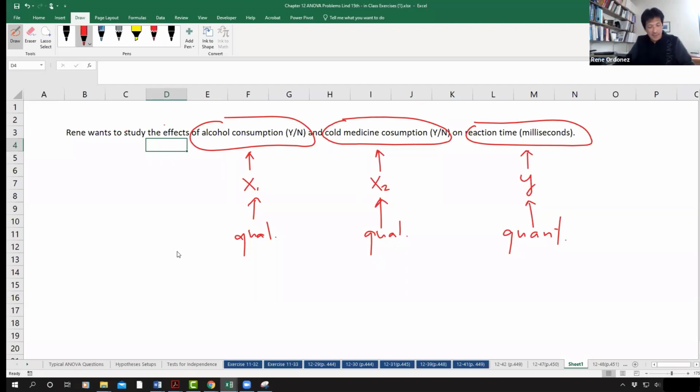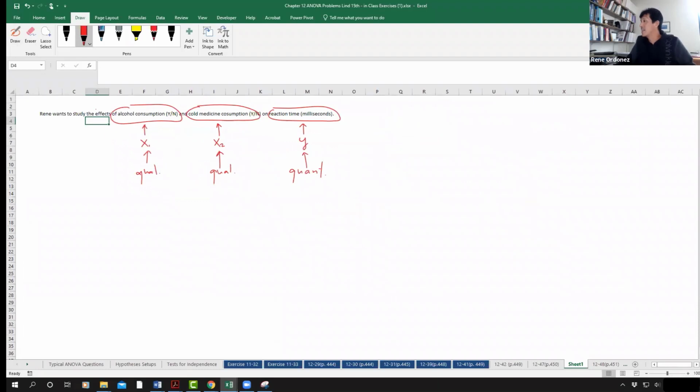So I will maybe have an experiment. Let's see, how many students do we have in this class? Let's just say that I randomly select 8 from the class, so N is equal to 8.